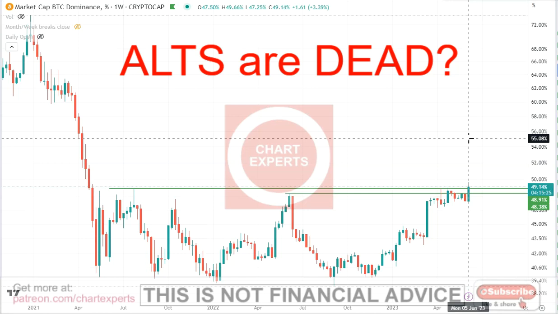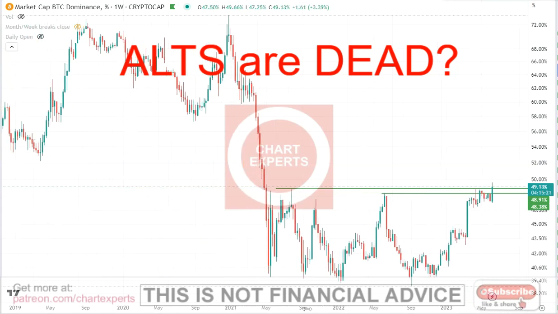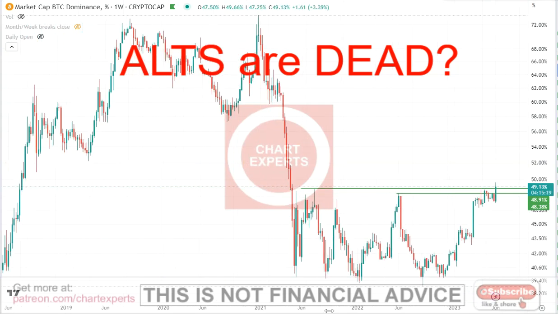What we can see is a very clear downtrend over a long period of time, where Bitcoin was once completely dominant and it has lost that relative dominance. It's now less than 50% of the whole of the crypto market.